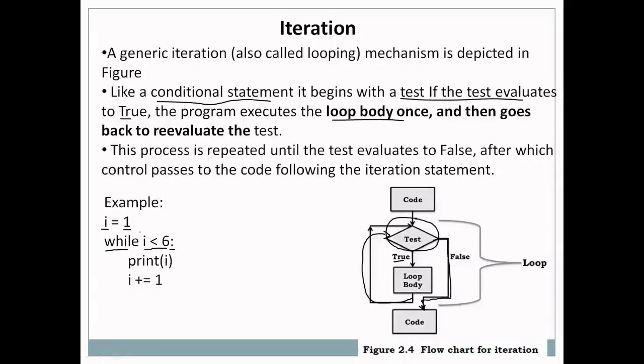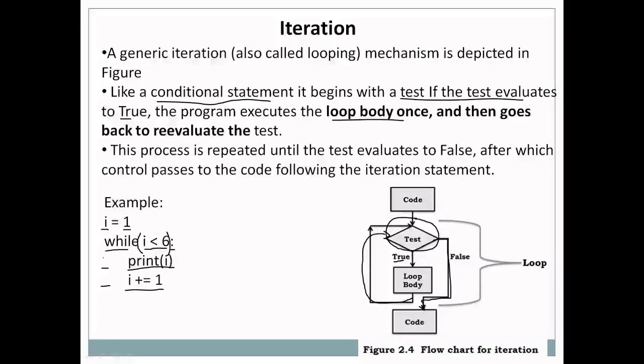If you want, you can include the round brackets for the test condition like you do in other programming languages like C, C++ and Java. This is also allowed in Python. So while, in brackets, i is less than 6 and a colon at the end, then you can include the statements which you want inside the while loop. We have included two statements here and there has to be an indent at the beginning.